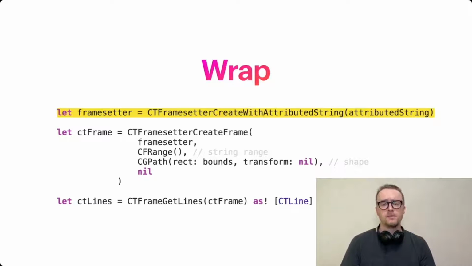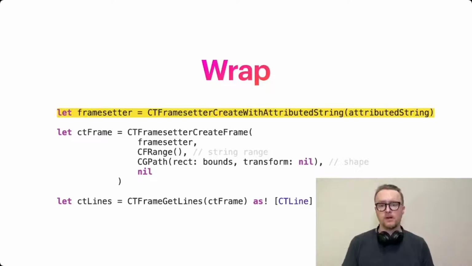So CTFramesetter is a special framesetter that comes with CoreText and will do a lot of magic for you. When we work with the CTFramesetter, there's also CTFrame. They work together. The CTFrame describes the frame, and the frame can be anything.